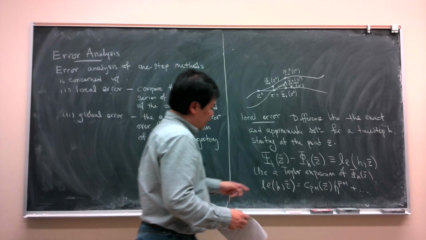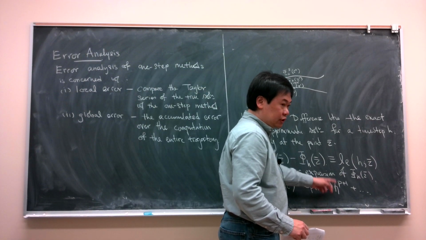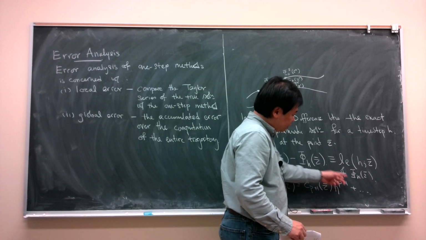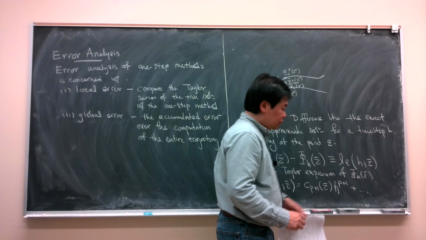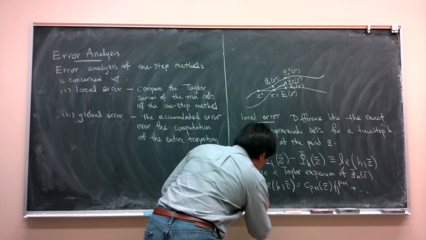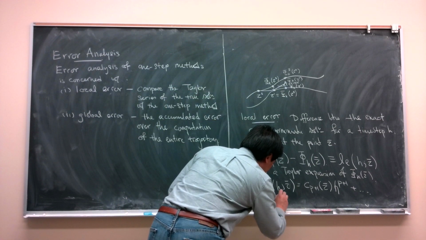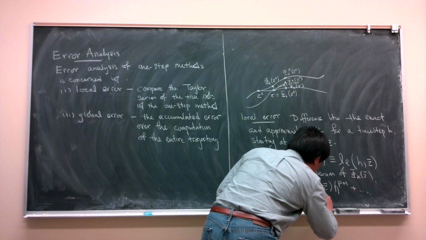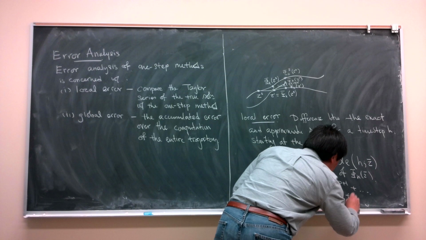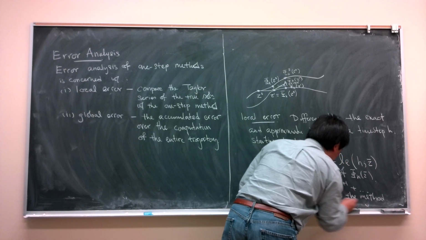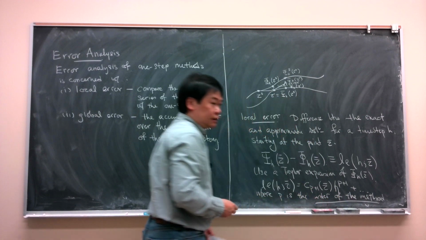And p plus 1 is the exponent of the leading order error term. We call that p the order of the method.